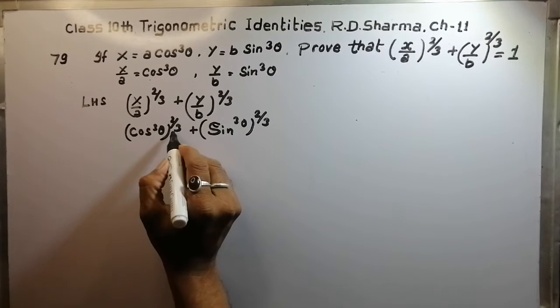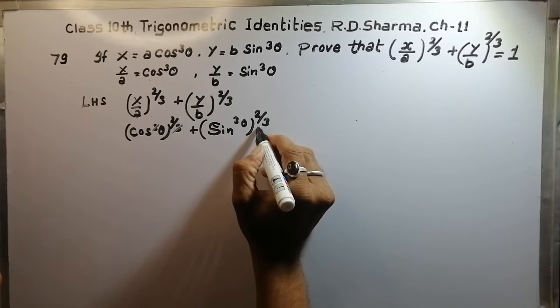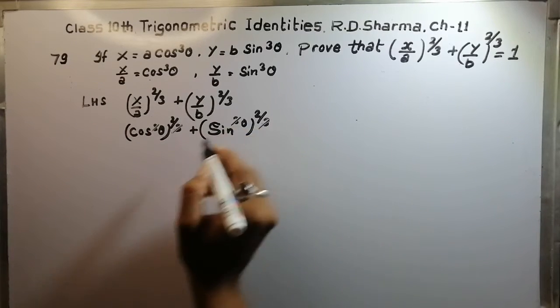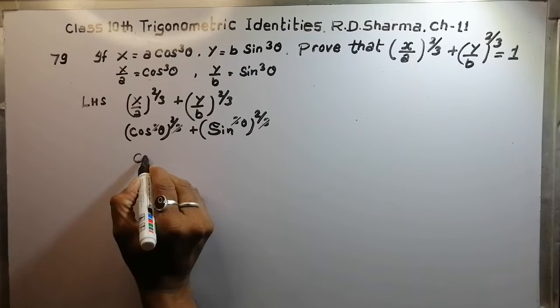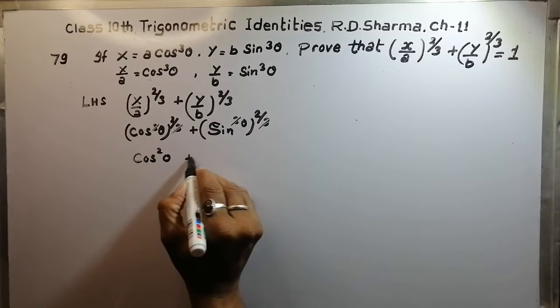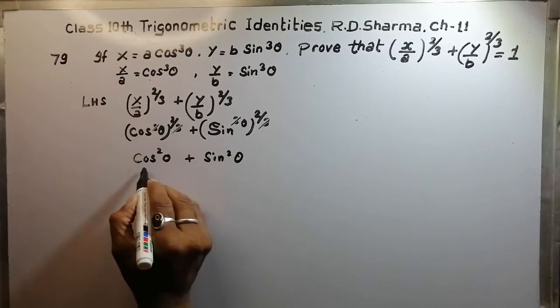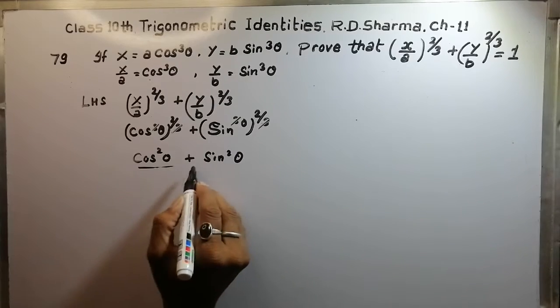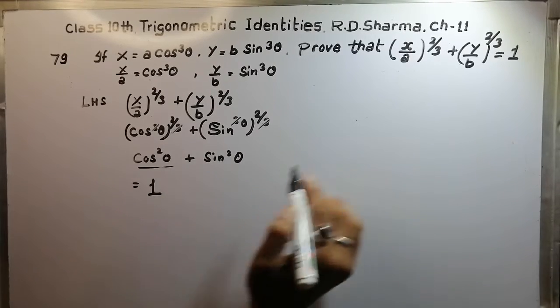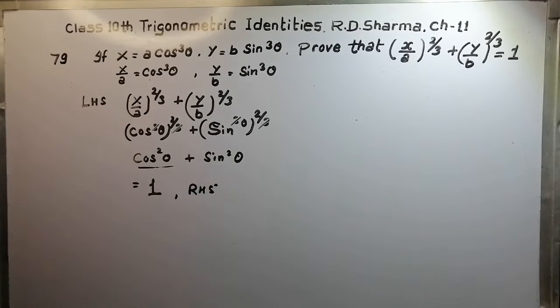This 3 can divide this 3, so we get here cos square theta and sin square theta. We know that the value of cos square theta plus sin square theta is equal to 1, which is the value of right hand side.